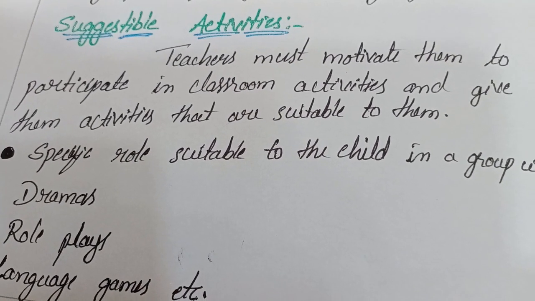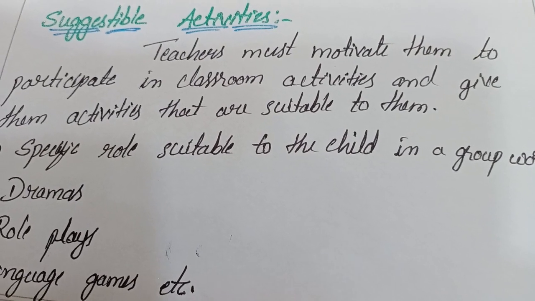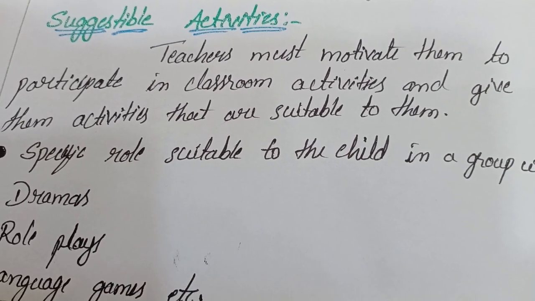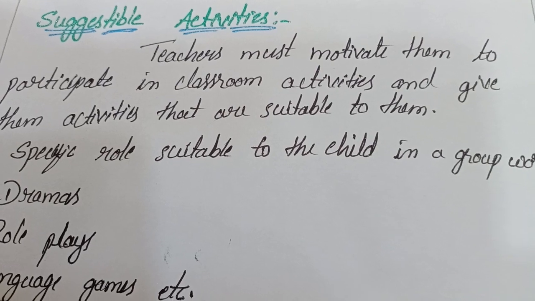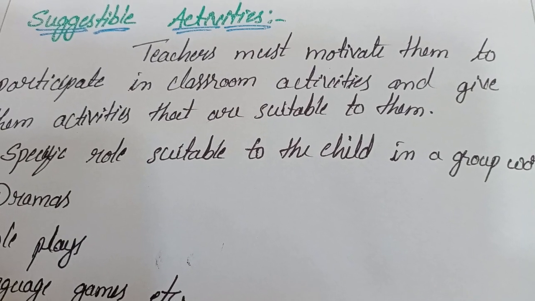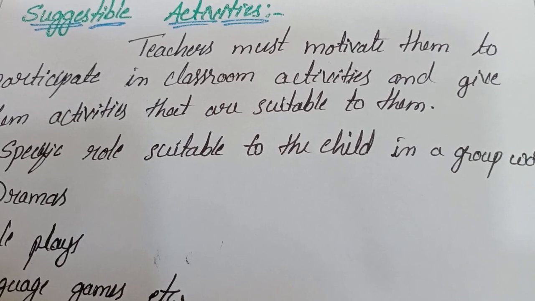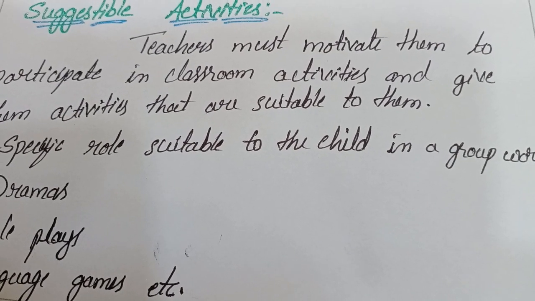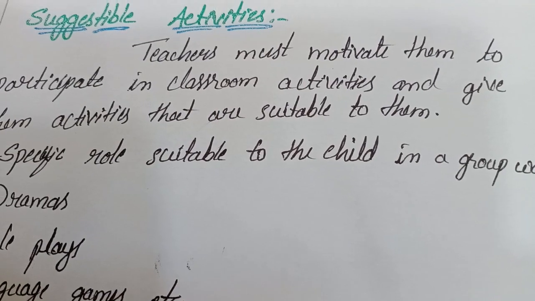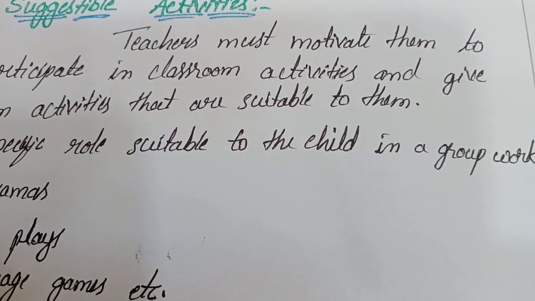The teacher should always try to give them small activities. Suppose a 10 marks question is given to the leader or follower types of students. For the dull student, the teacher should try to give a 2 marks or 5 marks question and answer. This is just an example.